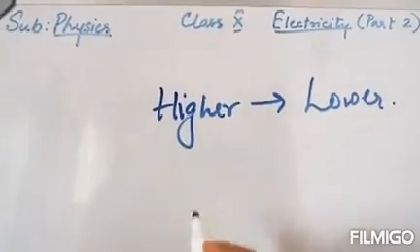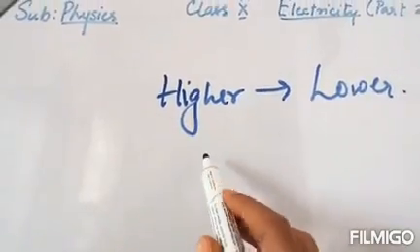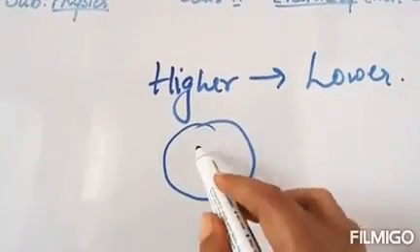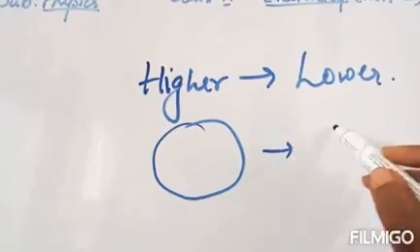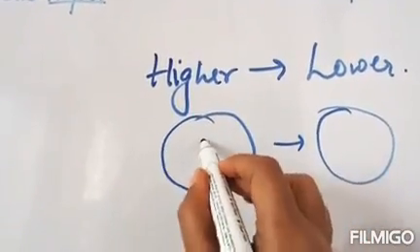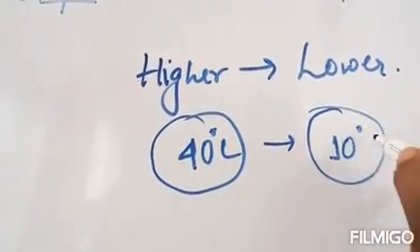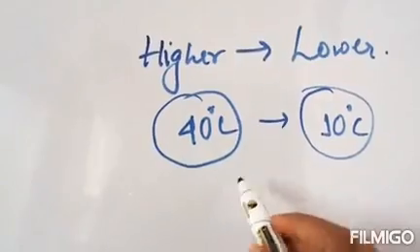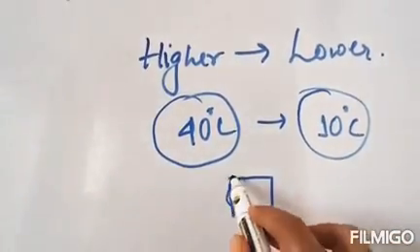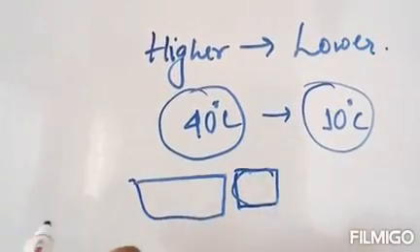Or if I give you a body at high temperature, and one body at lower temperature, now if you keep these two bodies in contact, or if you keep ice and keep one hot pan near it, what will you see?